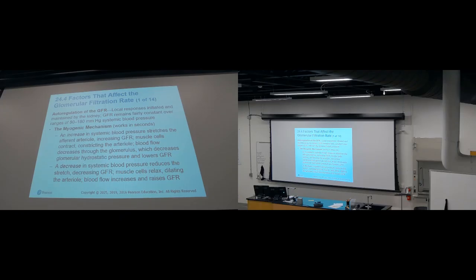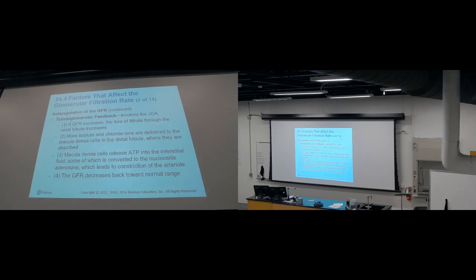So you can have less stretch or more depending on how much blood volume you have. For instance, when you have a decrease in your blood pressure, you have less stretch, that will decrease your GFR. And when you have increasing blood pressure, that increases your stretch, that increases your GFR, and then you lose more fluid because you filtrate more. And when you have low blood pressure, there is no purpose for losing fluid.